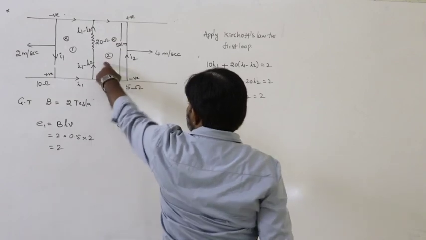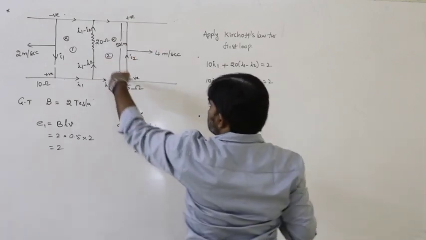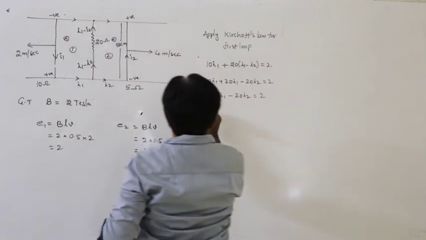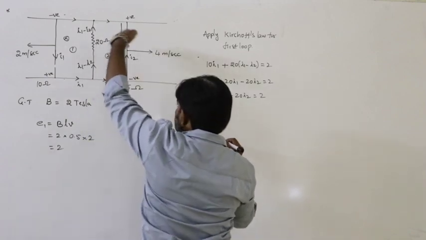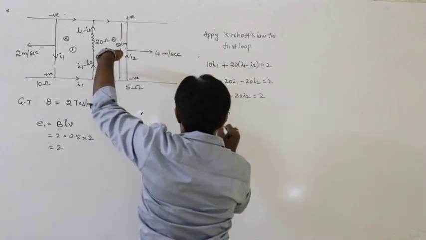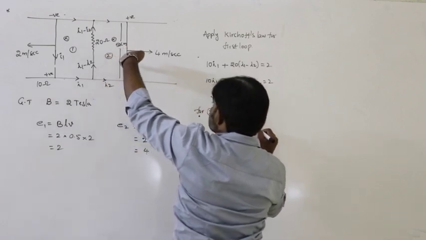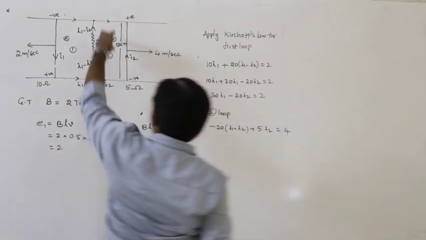Next, for the second loop, again I am considering this direction. In the direction of the current, minus 20 into I1 minus I2, plus 5 I2 is equal to 4.